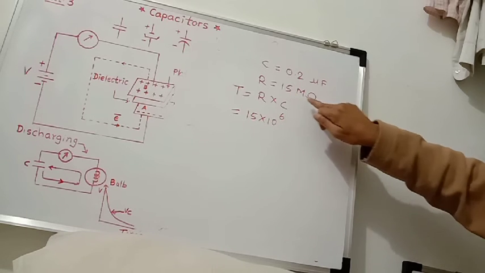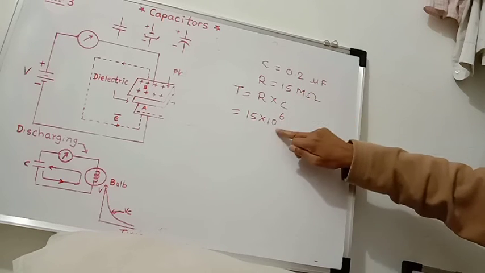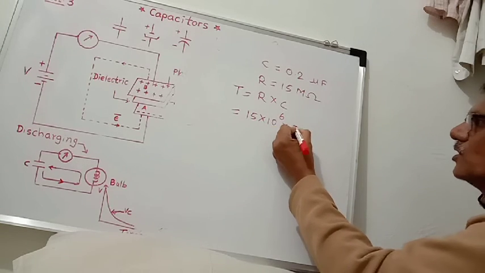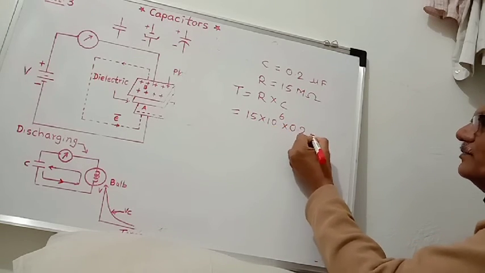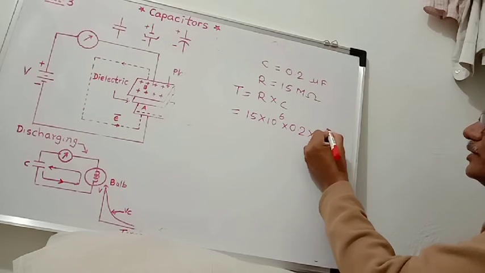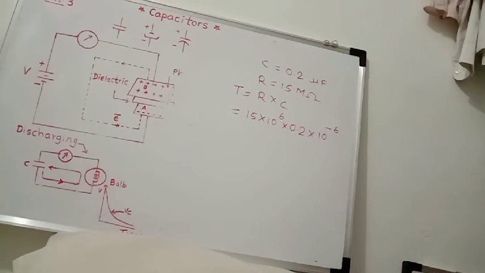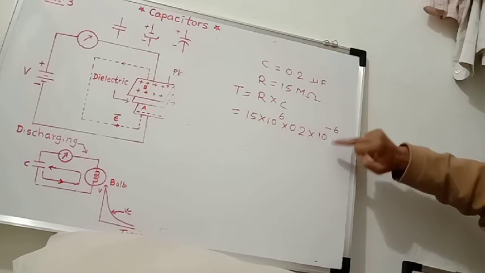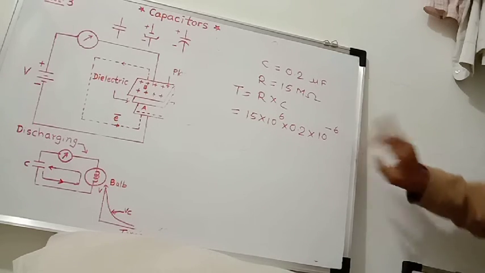So 15 into 10 raised to 6 ohm into C, 0.2 microfarad, means 0.2 into 10 raised to minus 6 farad. Convert microfarad to farad.